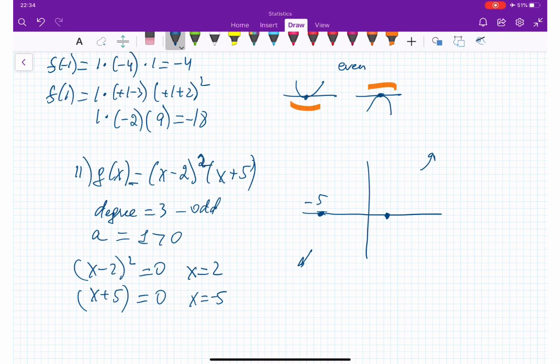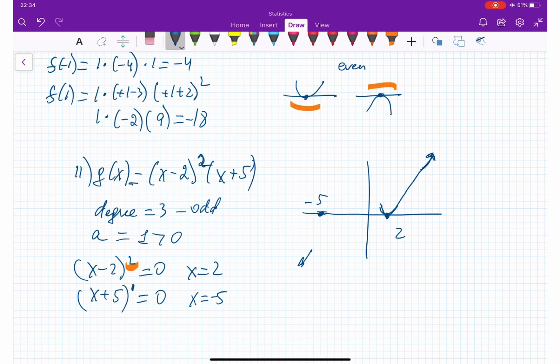So at positive 2, our degree here is 2, which is even, which is going to turn either up or turn down, right? Looking here, since our end behavior on this side, that means it has to turn up. So we can connect with this one. At negative 5 the degree is 1, which means we have to cross at the point negative 5.